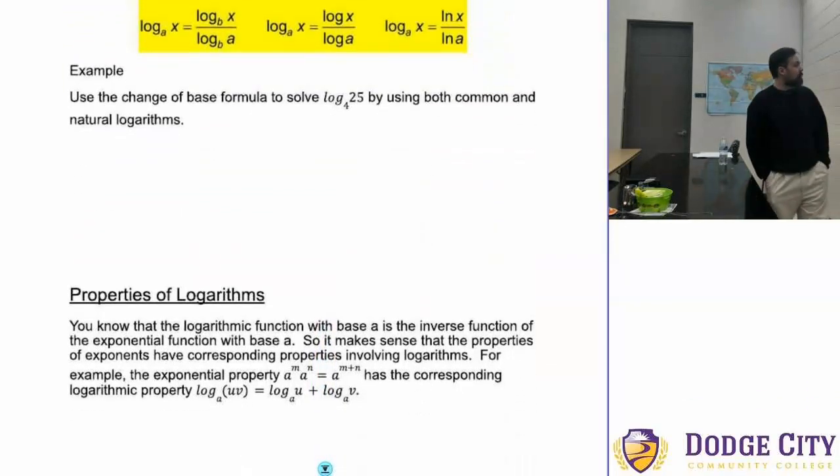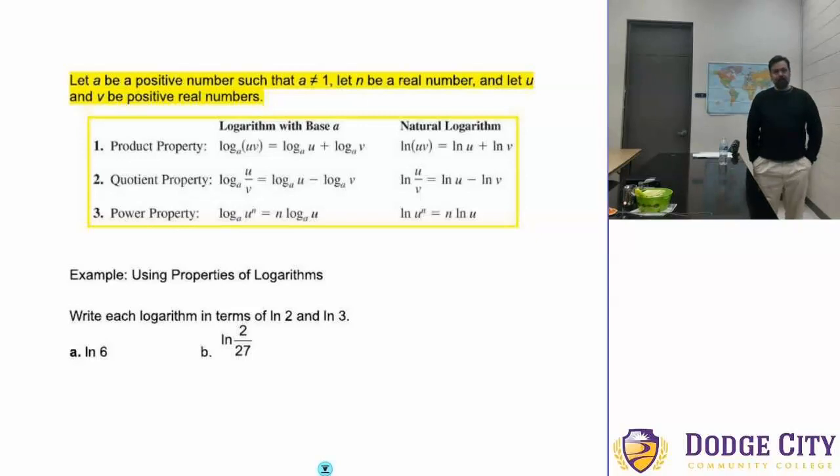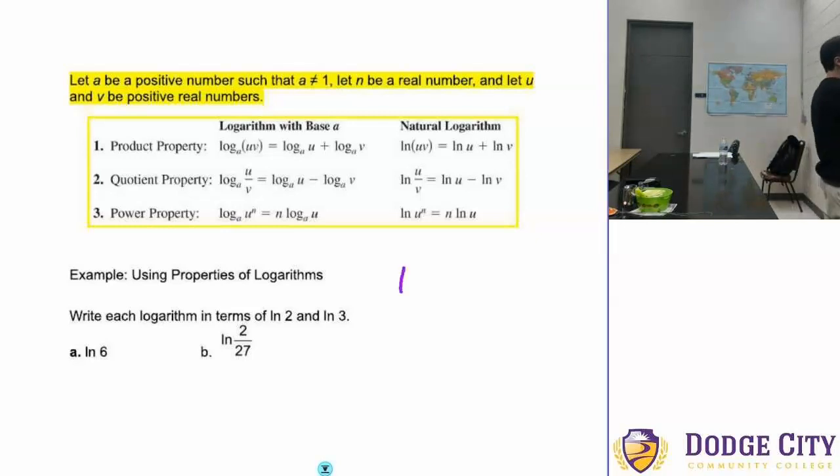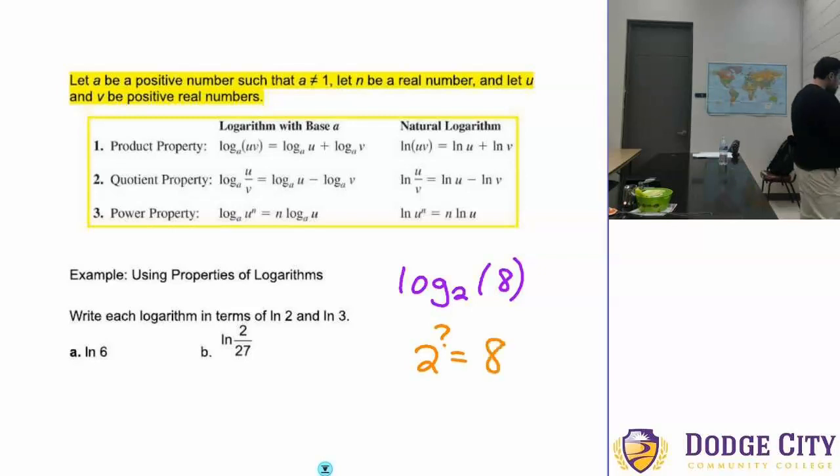And let's talk about these other properties of logarithms. I mentioned this previously in class, that logarithms are exponents. So remember we talked about this in 5.2. If I want to find log base 2 of 8, I ask myself the question, how many powers of 2 does it take to equal 8?